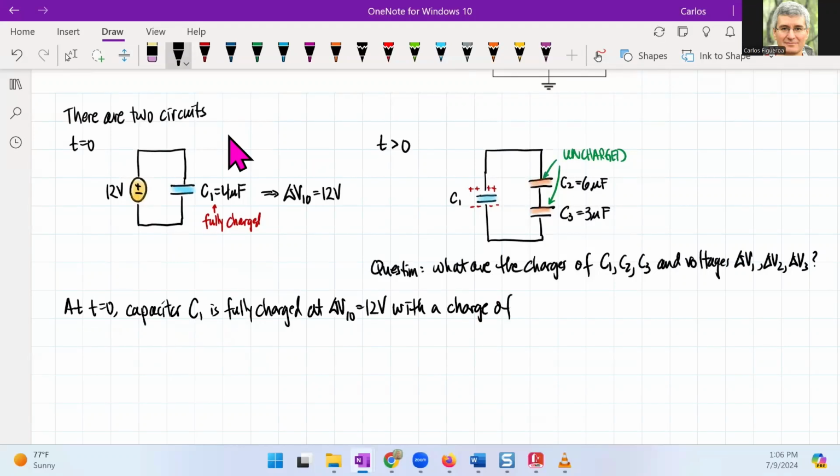According to the capacitor equation, Q1 initial should be C1 times V1 initial. So the initial charge of the capacitor is going to be 4 microfarads times 12 volts, so that should be 48 microcoulombs. And this is the initial charge of this guy. So now I know its voltage and I know its charge.